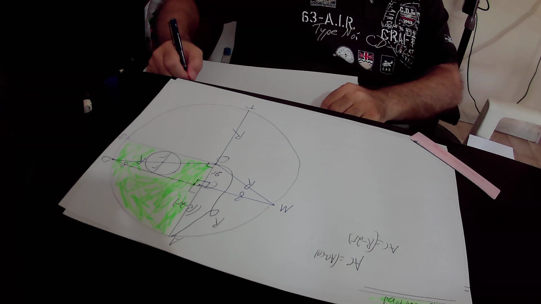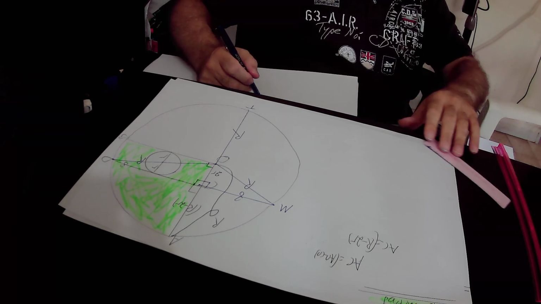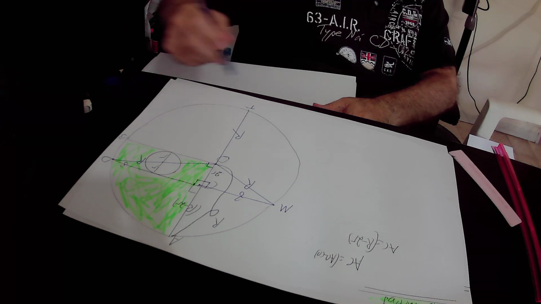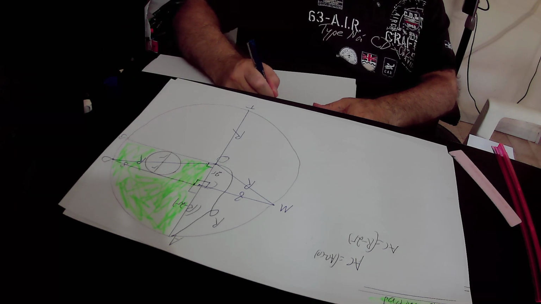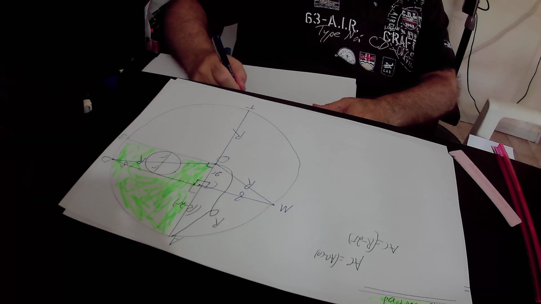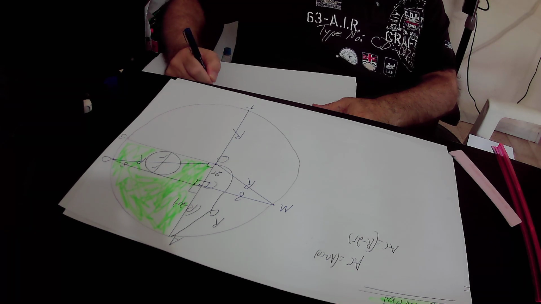Therefore, according to rule number 11, we'll get that MC times CD equals to AC times CT. I'll repeat again.